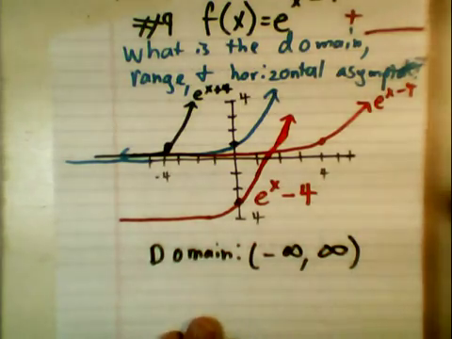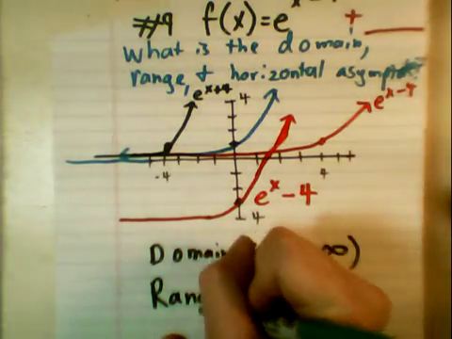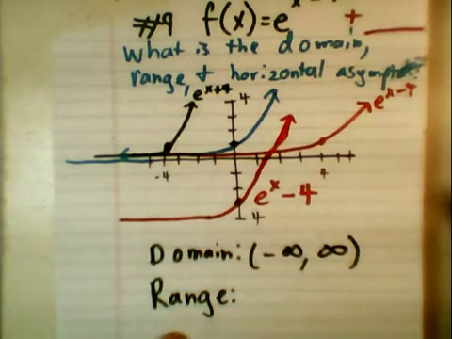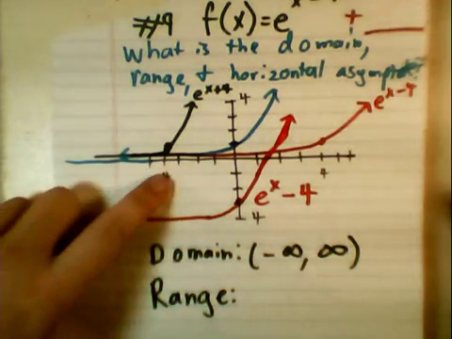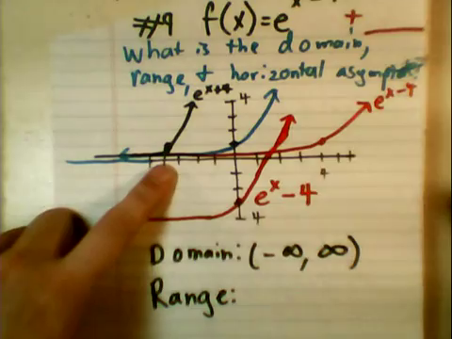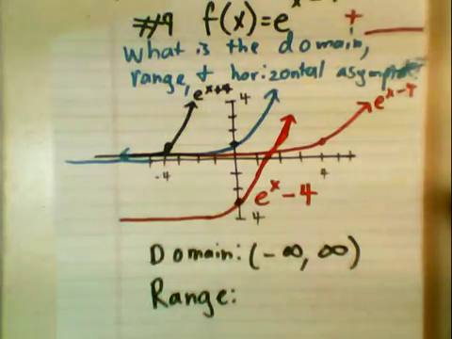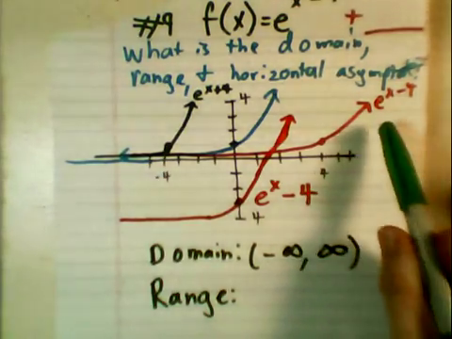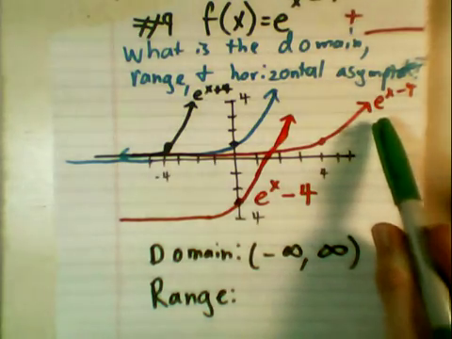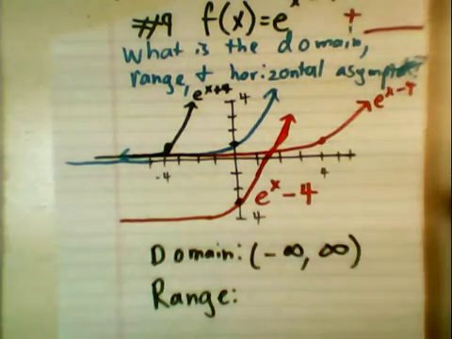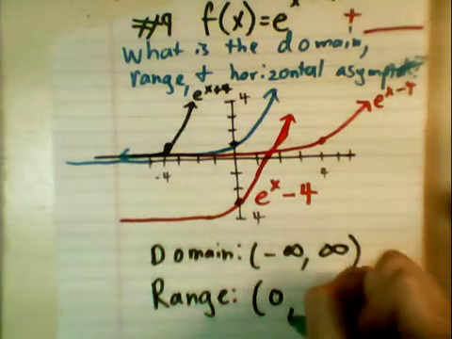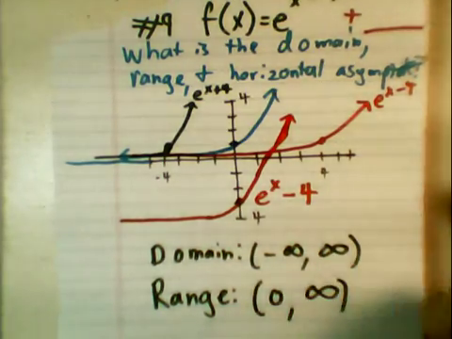What about our range? Well, the range of the original function is from 0, but not touching it because there's an asymptote there, to infinity. And since our function hasn't been shifted up or down, it's just been shifted right, that range still applies. So we have from 0 to infinity.